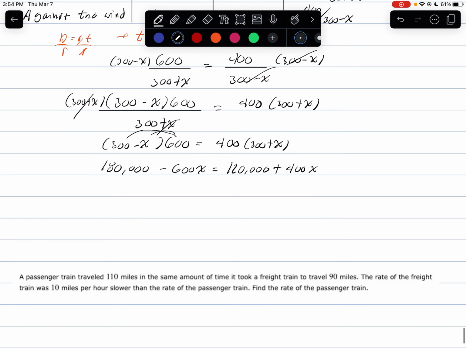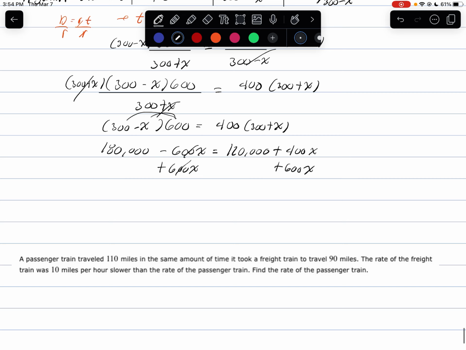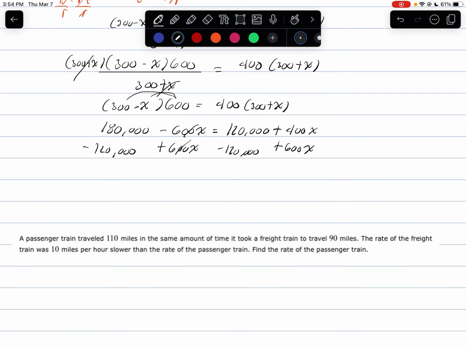Now let's move the 600x over here, and let's move the 120,000 over here. So we end up with 180,000 minus 120,000, which gives us 60,000, is equal to 1,000x, because 400x plus 600x is 1,000x.